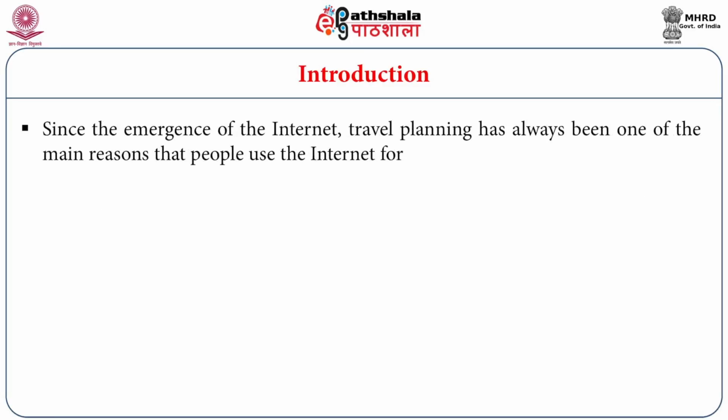Since the emergence of the internet, travel planning has always been one of the main reasons that people use the internet. When I say travel planning, it means people search for travel information and make bookings related to their tour and travel online. So the internet is widely used for the tourism and travel industry.